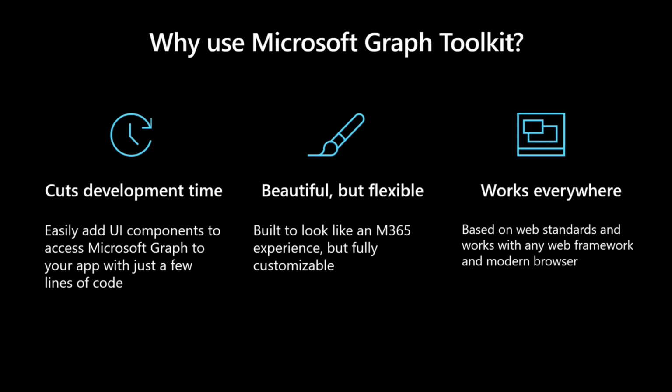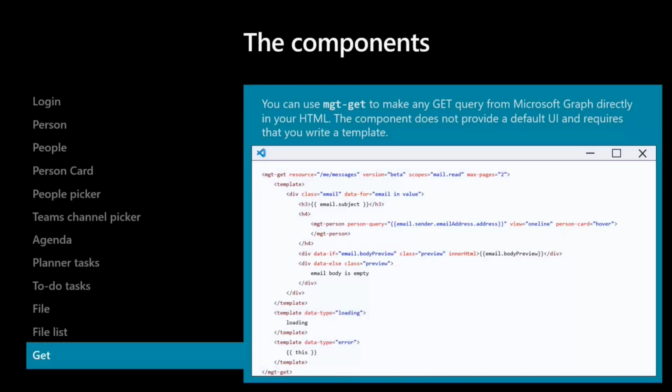But they also allow you to fully customize them to really bring the value and the brand and the look and feel you're expecting for your own components. And finally, it just works everywhere. You want to work in Teams, SharePoint, a web app, Electron, wherever you want that web app to run, you're going to be able to use the Graph Toolkit.